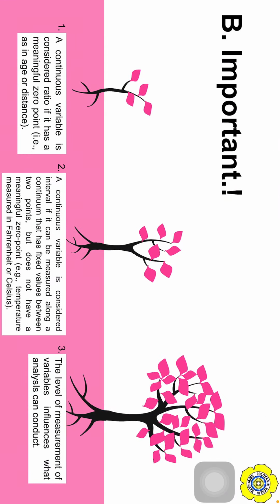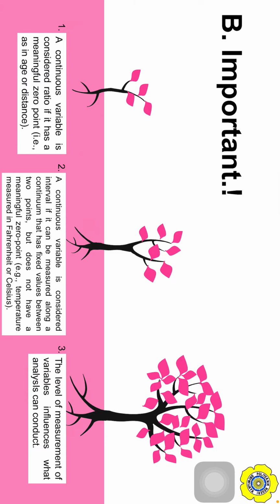What is important to remember when we use these types is, first, the continuous variable is considered ratio if it has a meaningful 0 point. For example, when we face the variable of age or distance. And the second is the continuous variable is considered interval if it can be measured along but doesn't have a meaningful 0 point.